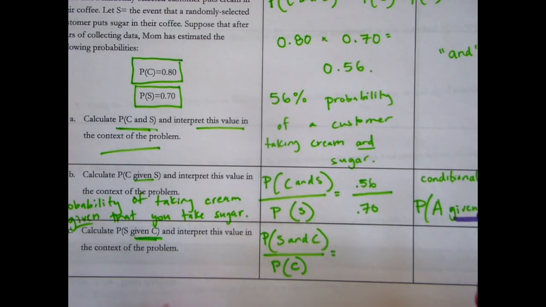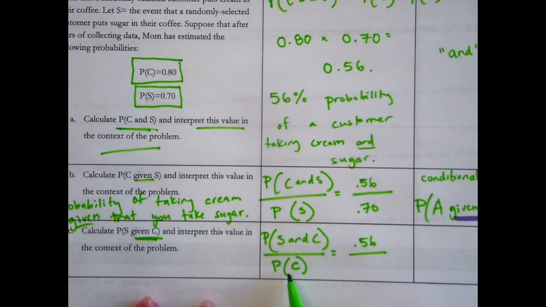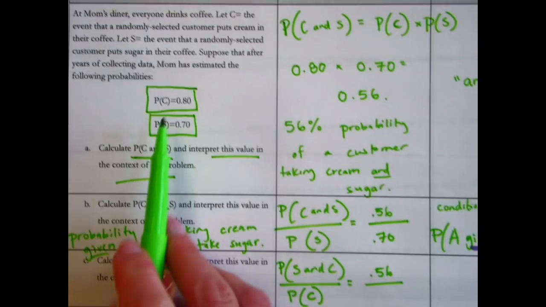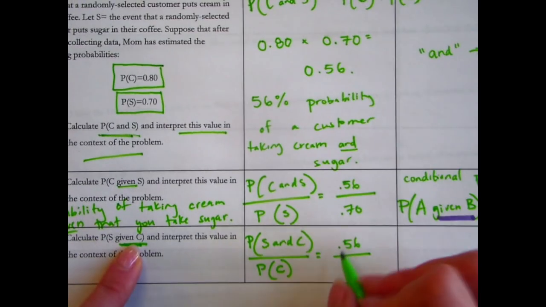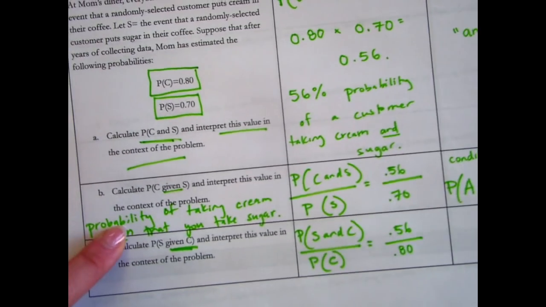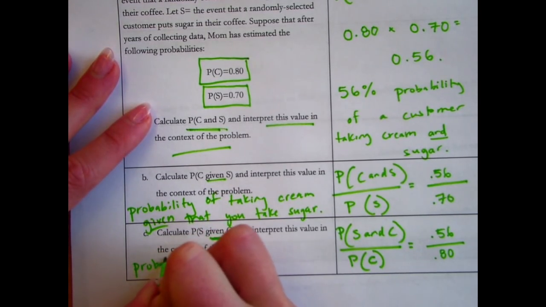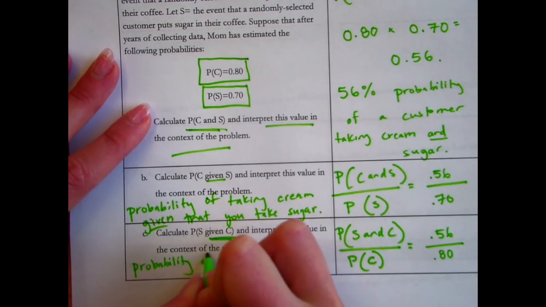So I'm going to pull this 0.80. And then for the interpretation in context, it's going to be just flipped around. So probability of taking sugar given that you take cream.